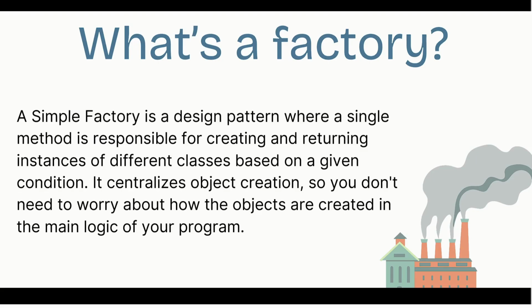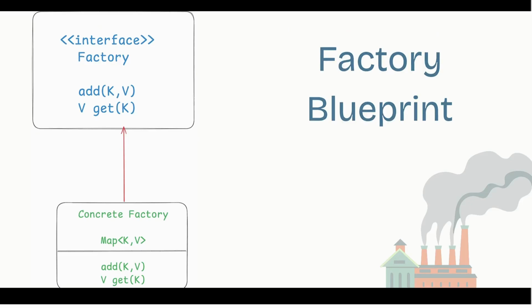So we'll go through a common structure for a factory, and then we'll see a code example for the same. Any factory that you want to implement will be defined by an interface. You can call this interface Factory itself. This interface will have two methods. The first one is add.